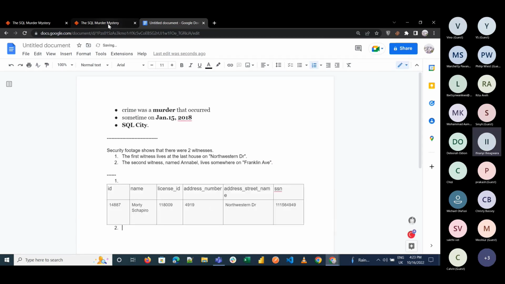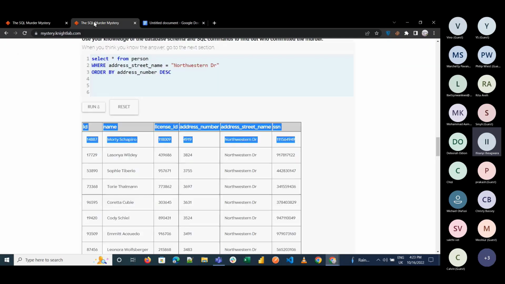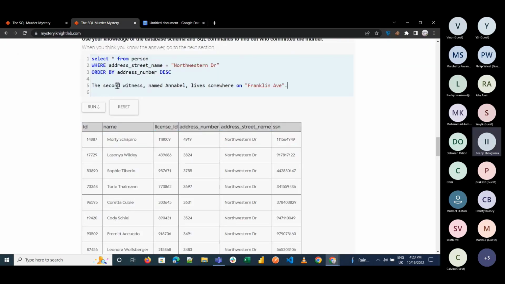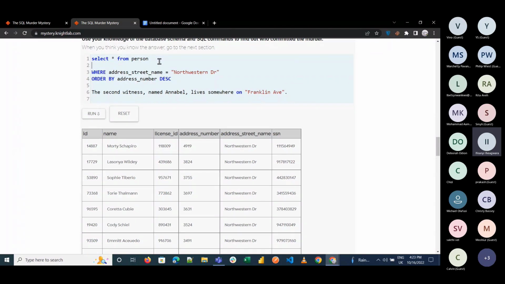Okay, so now let's explore our second witness. Then we'll check out what both of them have to say at the interview with the police. Our second witness is called Annabelle. So from the same table again, we want where the person's name is equal to Annabelle.